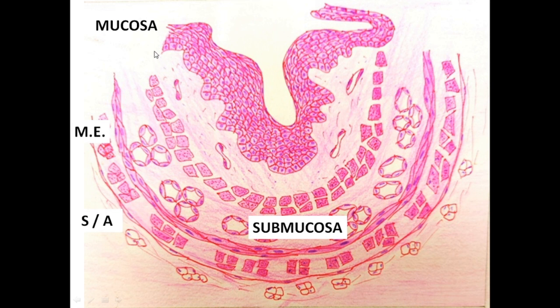So these are the four layers in general in any part of alimentary canal: mucosa, submucosa, muscularis externa and serosa or adventitia. So that is about the general structure of the entire alimentary canal.